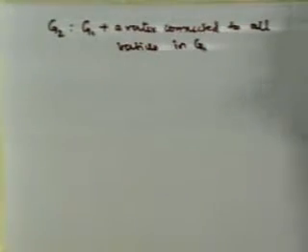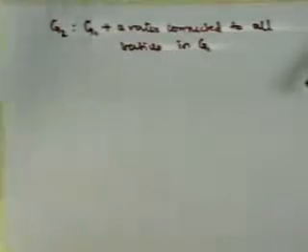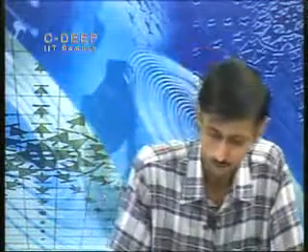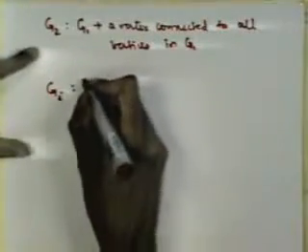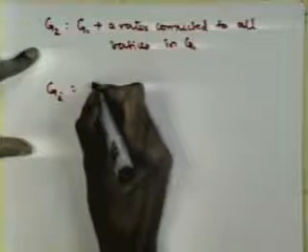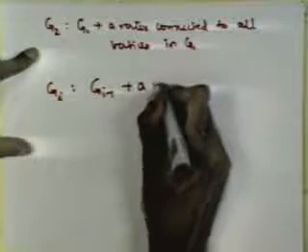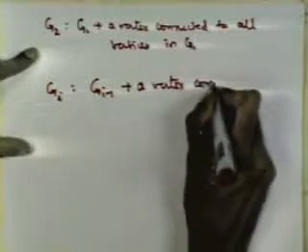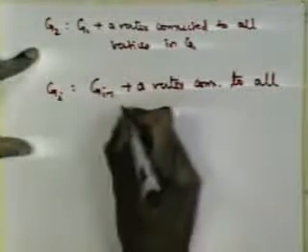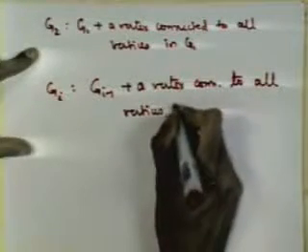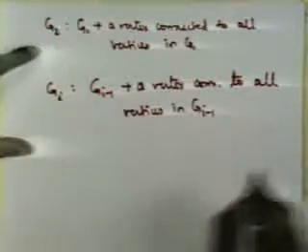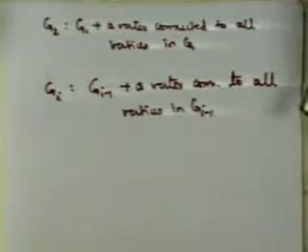Then you form G3 and ask whether G3 has a perfect matching, and you stop as soon as the perfect matching algorithm says yes. Let me write the generic step. The graph Gi is the graph Gi minus 1 plus a vertex connected to all vertices in Gi minus 1. This is how you get Gi.